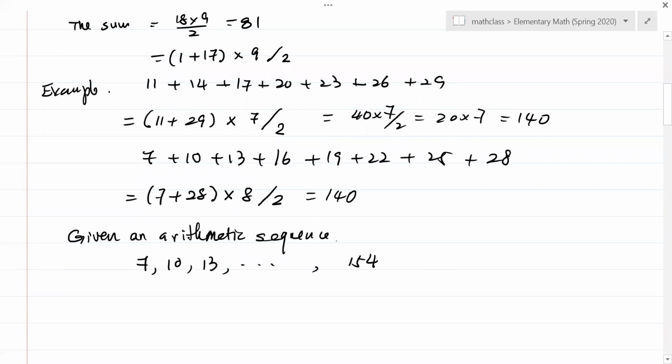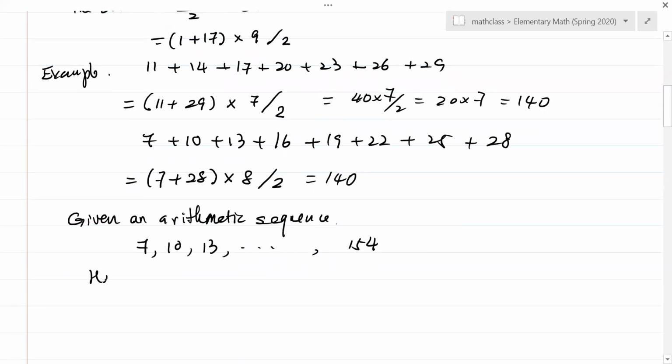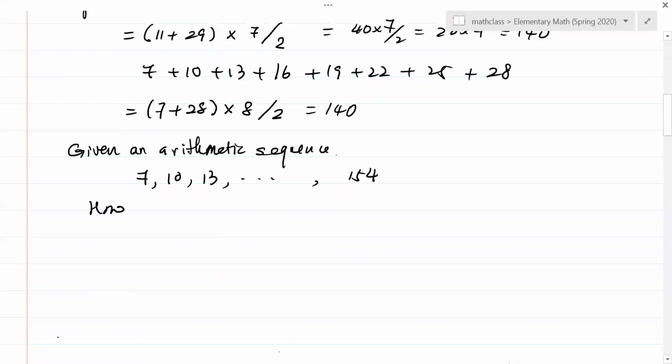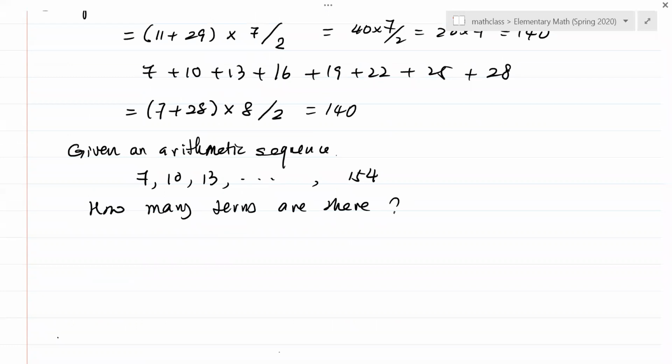Okay, I already told you this is an arithmetic sequence. How many terms are there? How do you figure out how many terms there are?